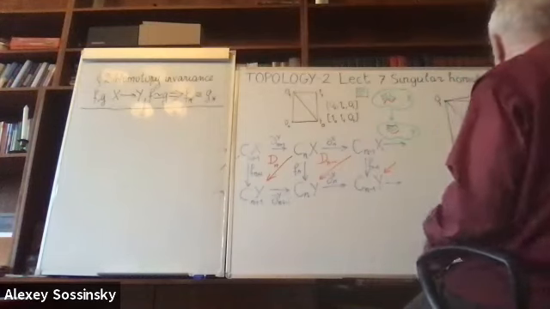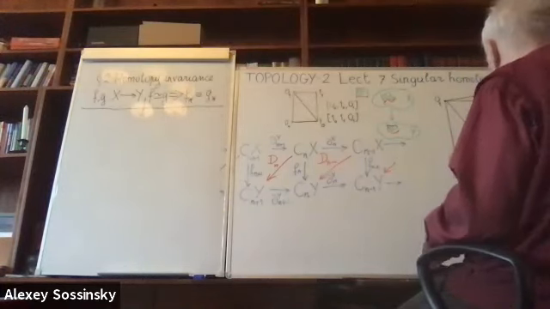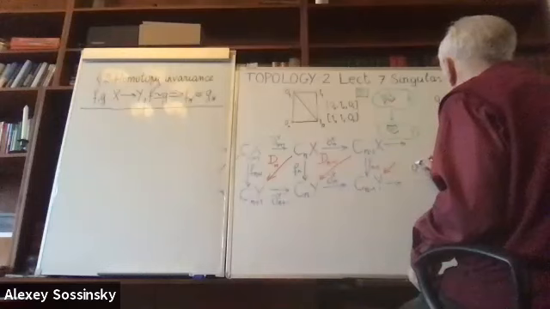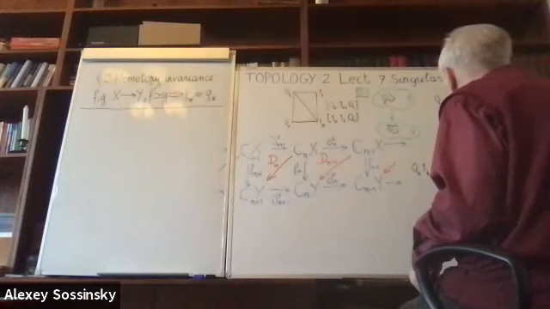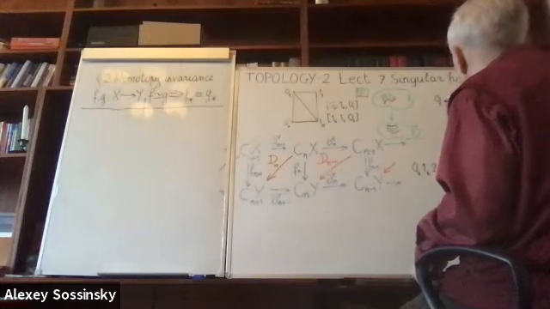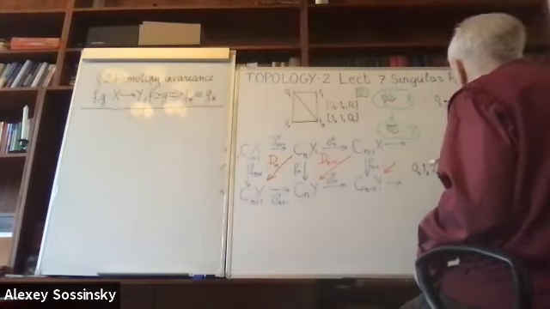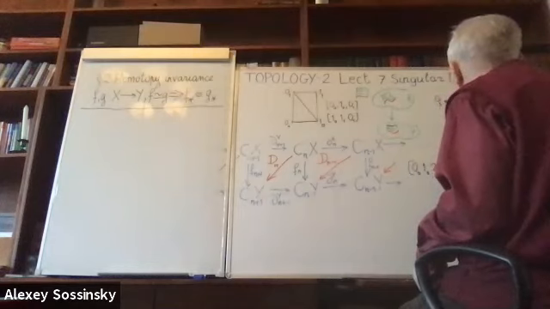And the simplices are this. First, we take (0,0), (1,0), (2,0), and then (0,1). This is the black simplex.